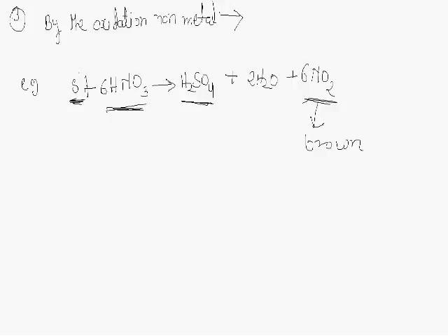And next, another example is when phosphorus reacts with nitric acid, that is HNO3, then it gives phosphoric acid, that is H3PO4 plus H2O plus NO2.